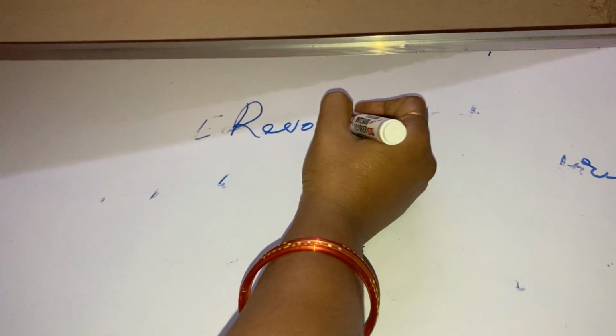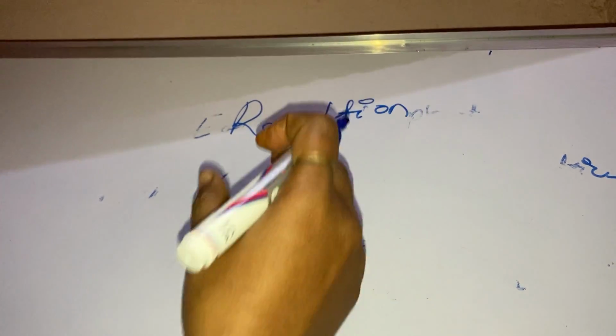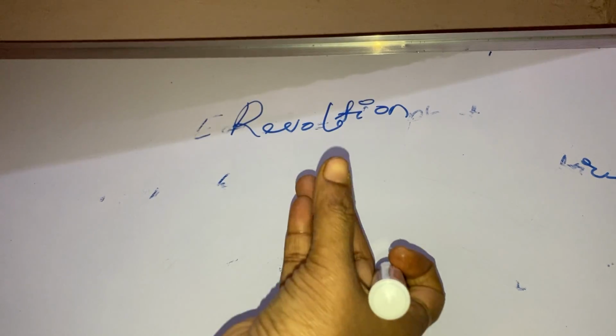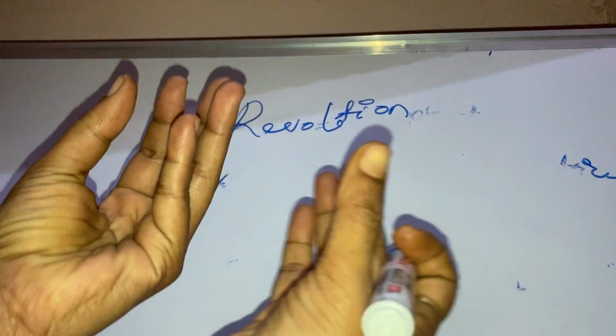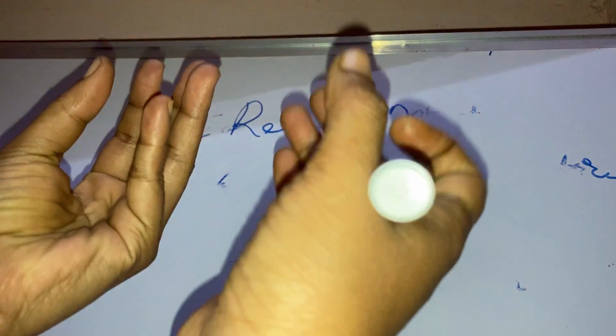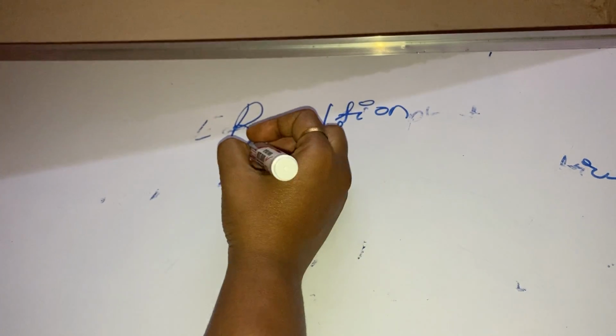Revolution. The Earth is in an elliptical orbit around the Sun. It revolves around the Sun with an average velocity of 29.79 kilometers per second.